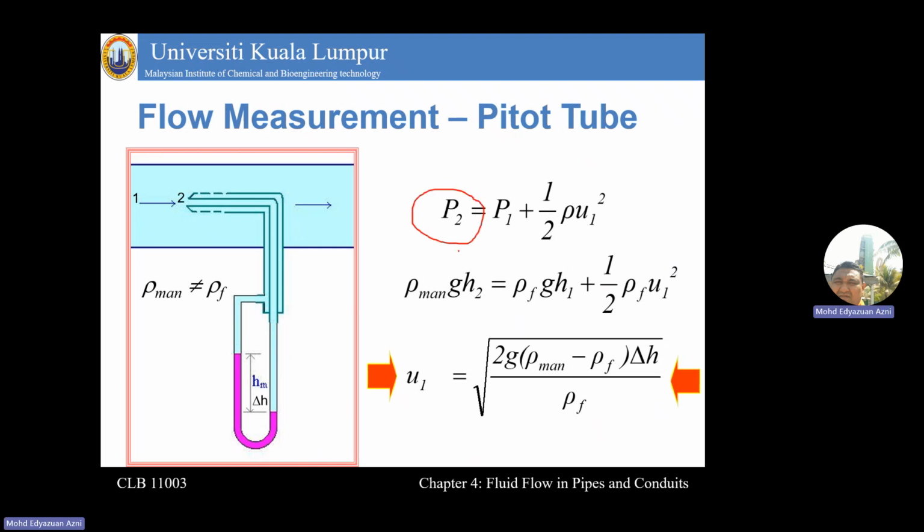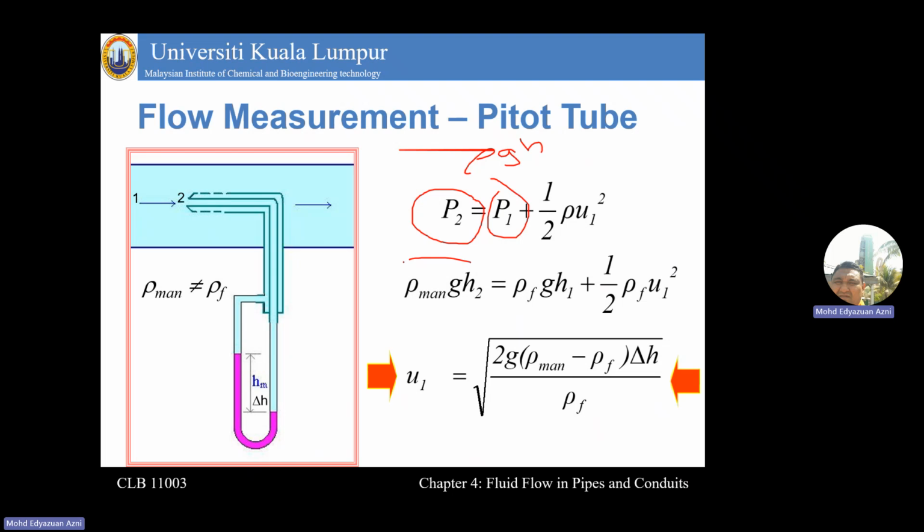P is pressure 1 and pressure 2. So pressure is equal to rho g h. For the pressure here, it is referred to the pressure because of the difference of the manometric fluid.